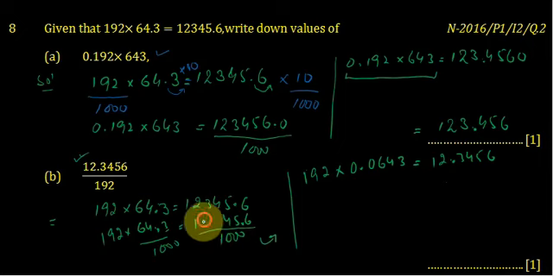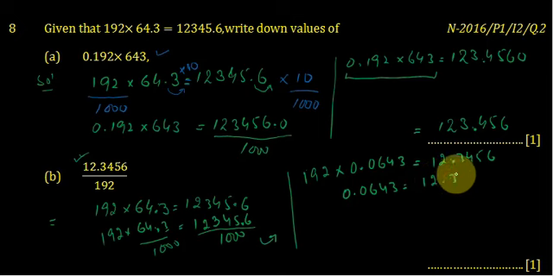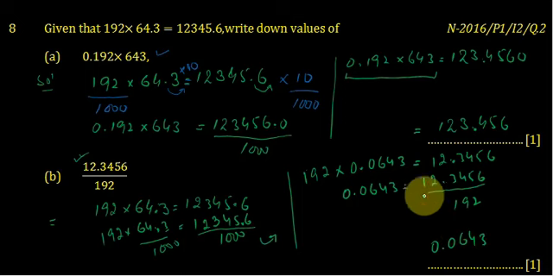When the 1000 disappears, the decimal moves three places. Now it is 0.0643 is equal to 12.3456 divided by 192, and this is the fraction we require to solve. So 12.3456 divided by 192 becomes 0.0643. So the answer is 0.0643 when we solve 12.3456 divided by 192.